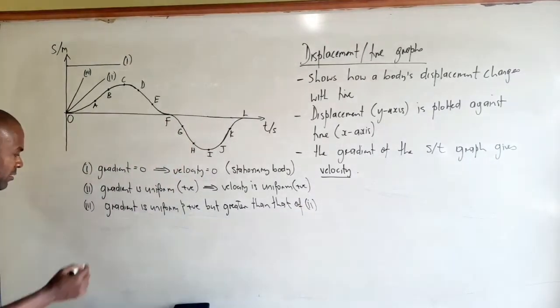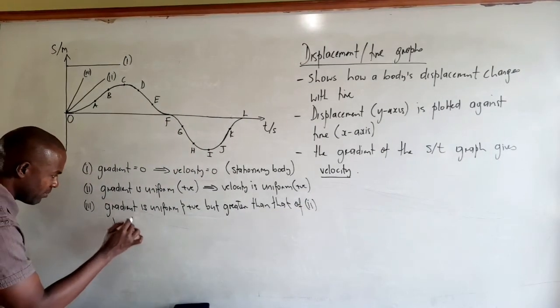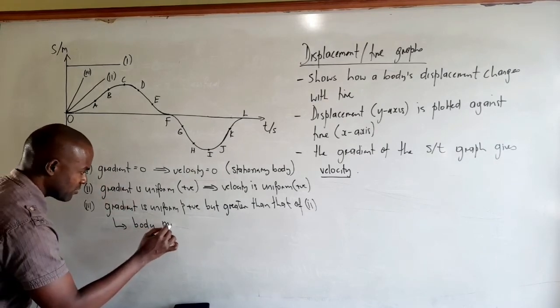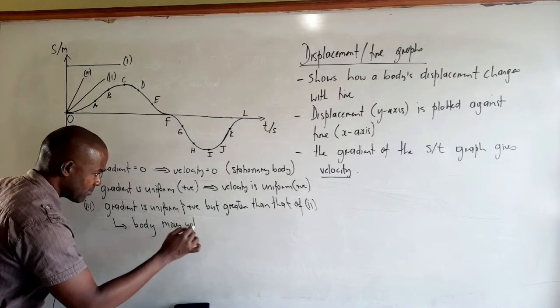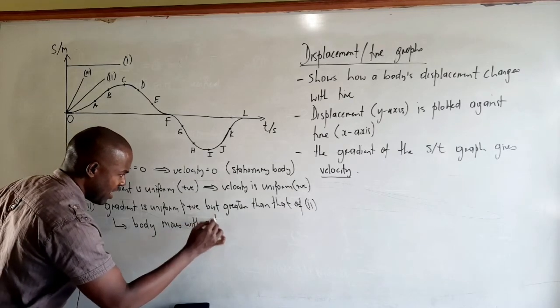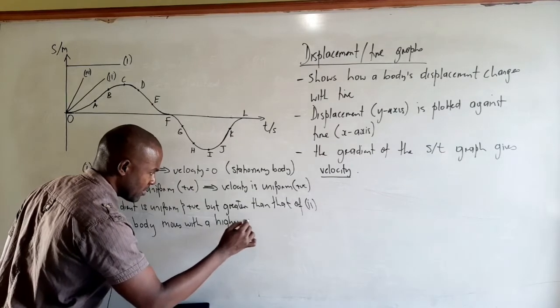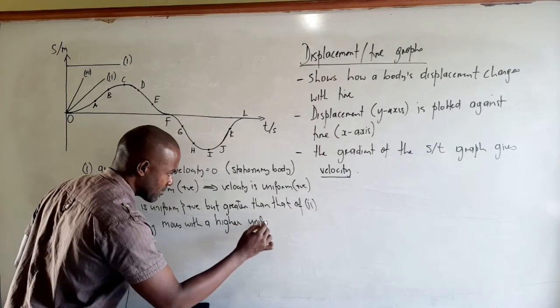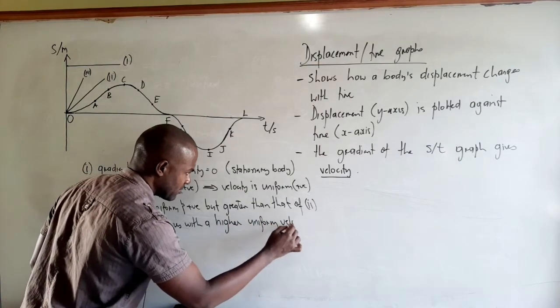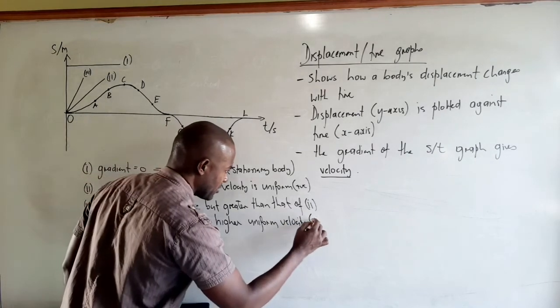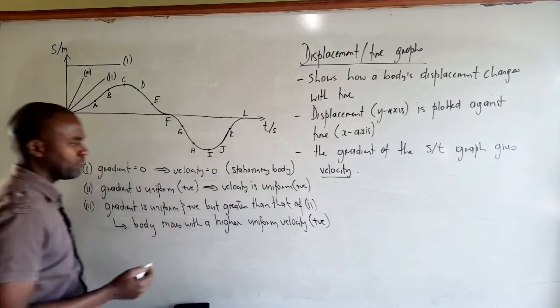And therefore this means that the body whose graph is shown moves with a higher, larger uniform velocity, which is also positive.